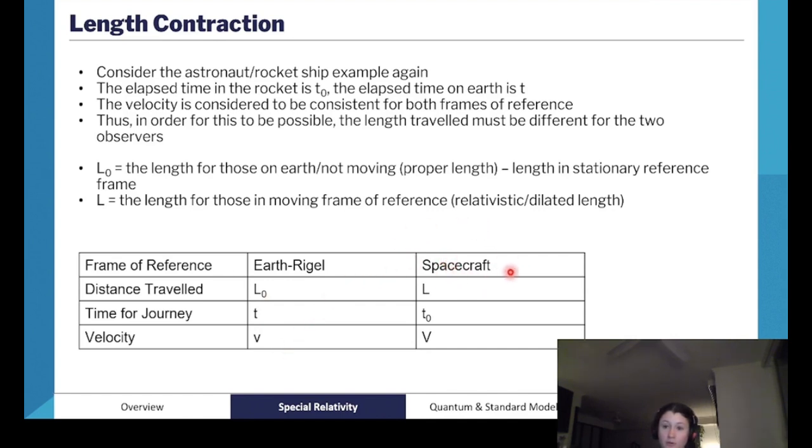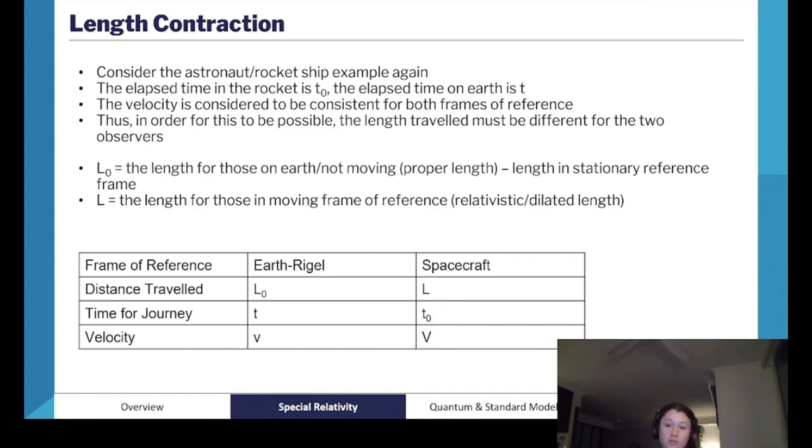In the point of view of the people in the spacecraft, the distance traveled will be L, the time for the journey will be t0, and the velocity will be big V. So as you can see, for the spacecraft, if they want to travel the distance and do it in, I guess, relativistically a shorter time frame, they can travel faster.